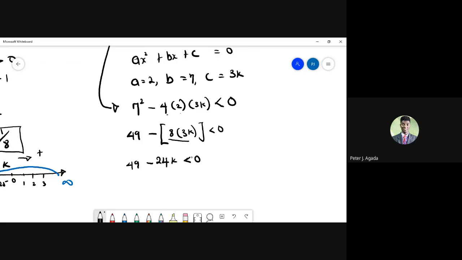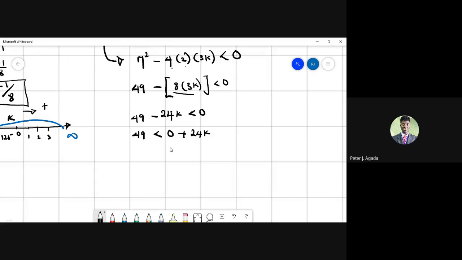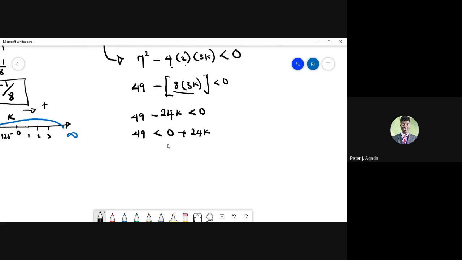If we go further solving this, let's take the 24k to the other side. So we have 49 is less than 0 plus 24k, since we can add the same thing on both sides. So 49 is less than 24k.